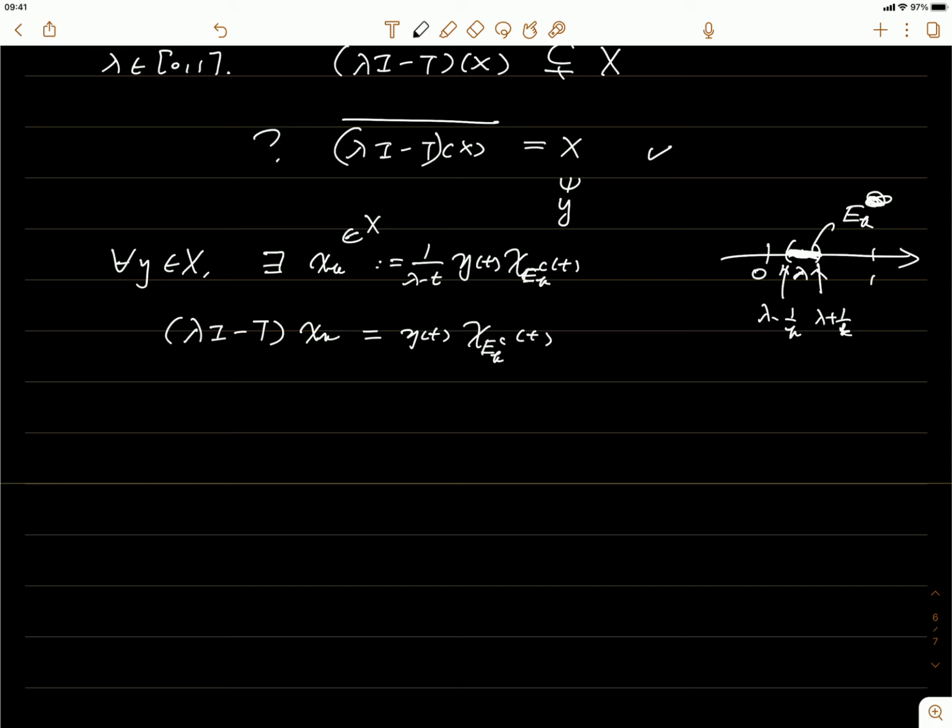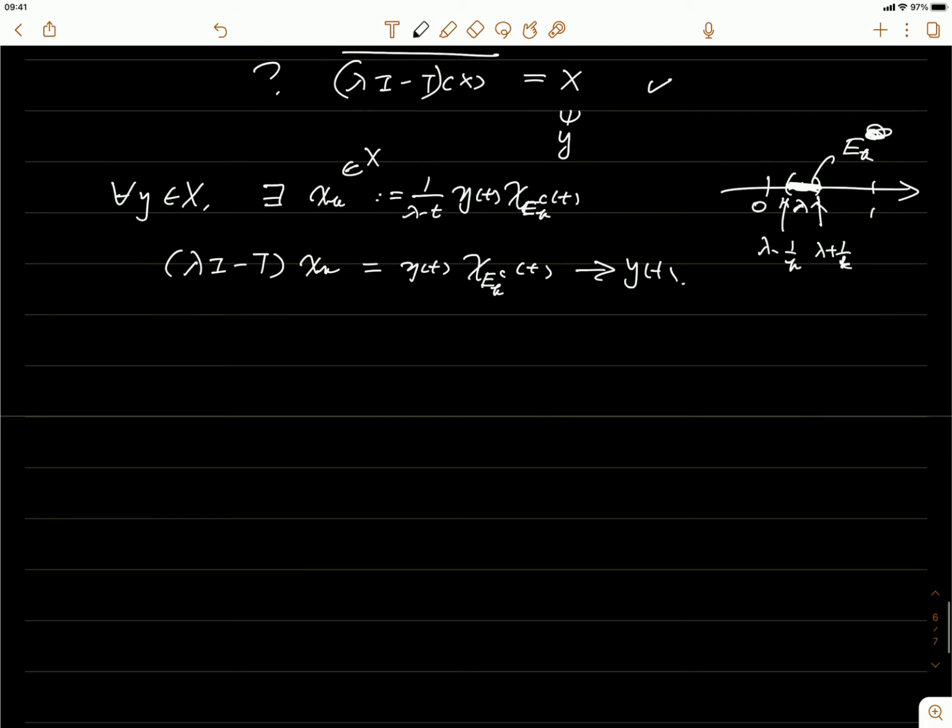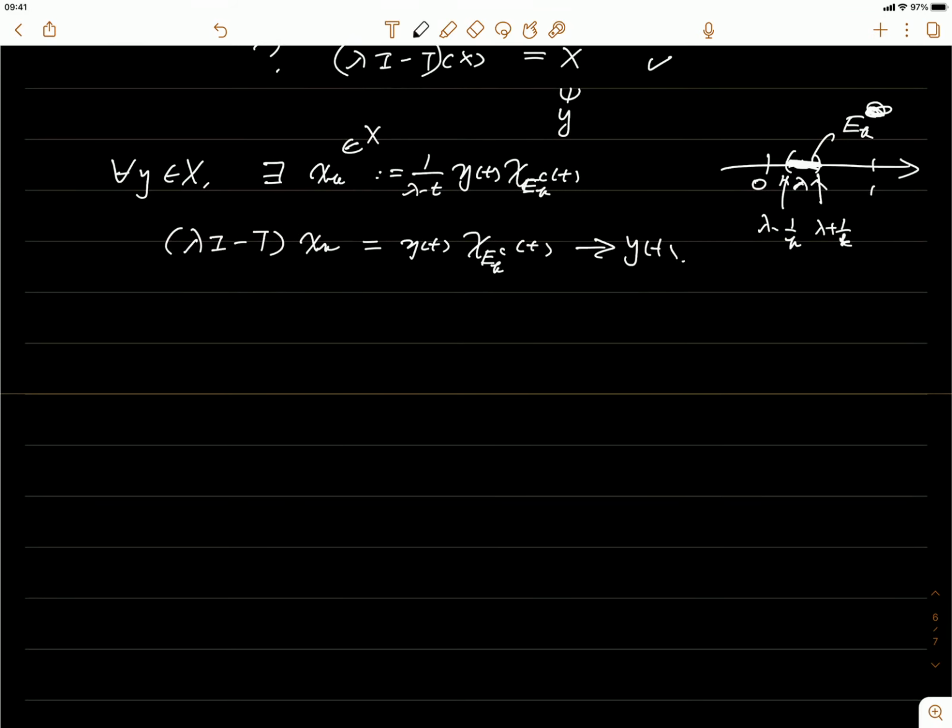So now in this case, I'm going to claim that this will converge to yt, and apparently this is converging to yt in the L2 sense, because this is the L2 space. So in L2 sense, to show this, we just need to take the integral of the difference of these two, ek complement of t minus yt.